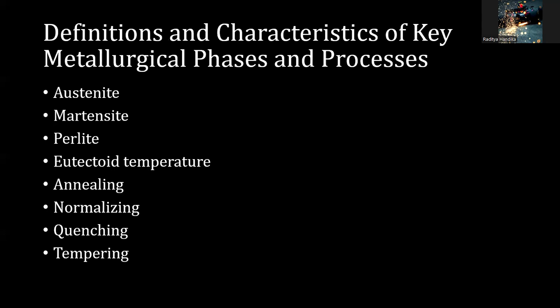The third topic is the definition and characteristics of key metallurgical phases and processes. There are a lot of terms here, but in short, austenite, a face-centered cubic phase, is stable above the eutectoid temperature, offering excellent ductility. It is commonly seen in high-strength steel applications like automotive parts. Conversely, martensite forms through rapid cooling from the austenitic phase.